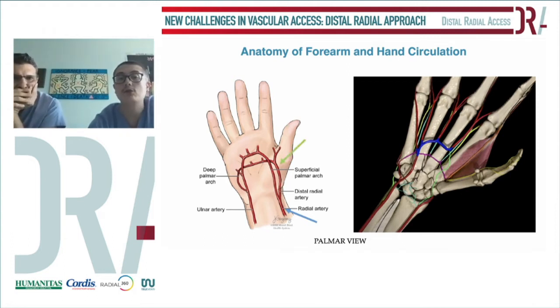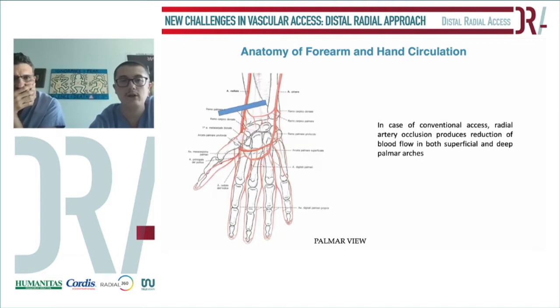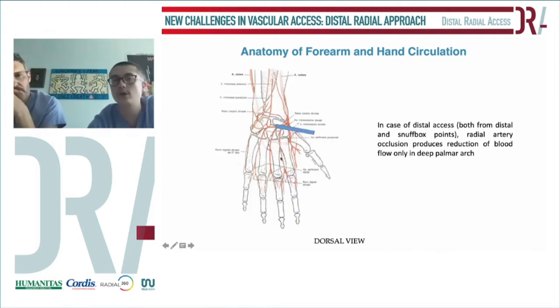While if you puncture distally, you won't have the same problem. So this is almost the same thing. A proximal occlusion will hamper the flow on both arches, while a distal occlusion, this is a dorsal view of the hand, will hamper only the deep palmar arch.